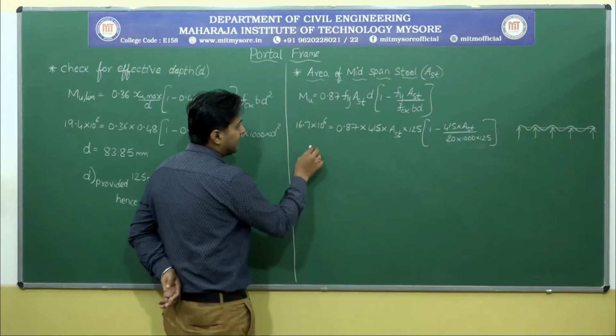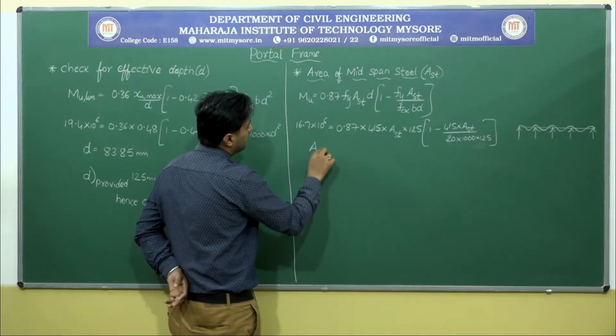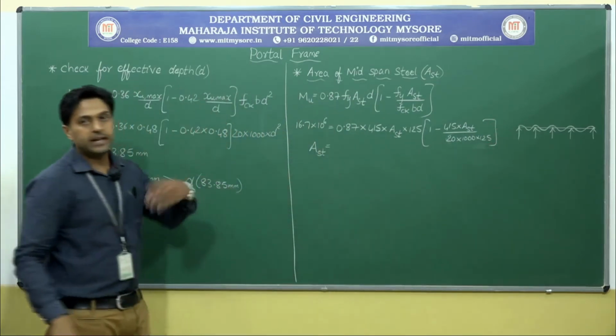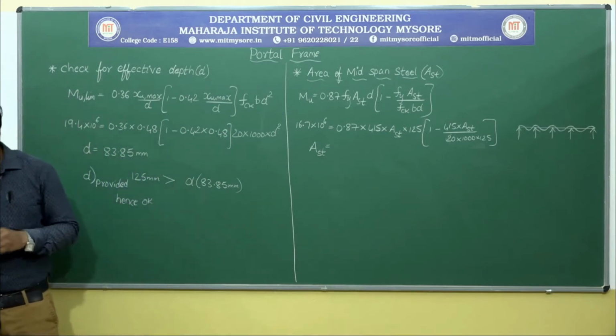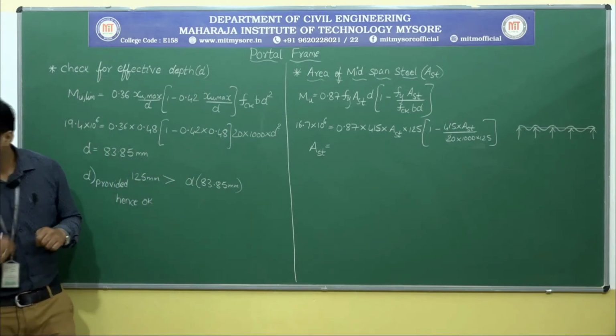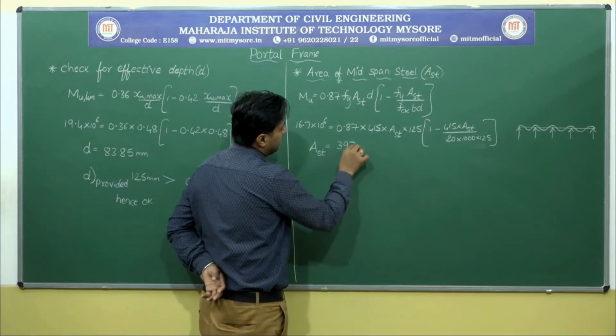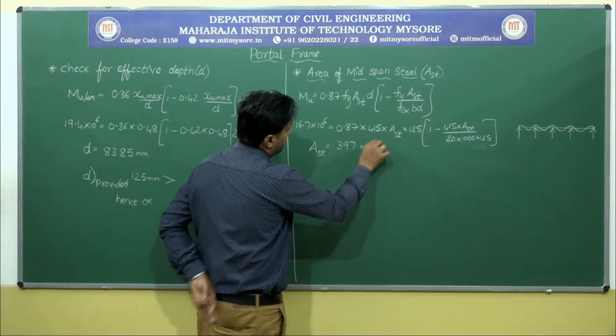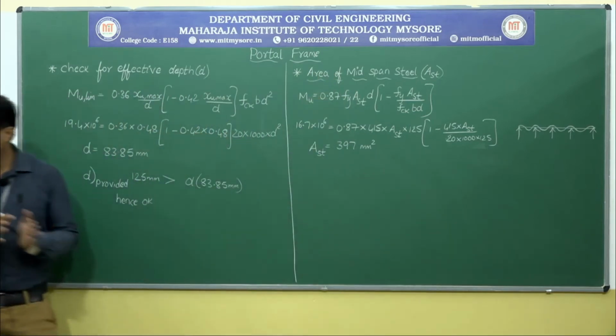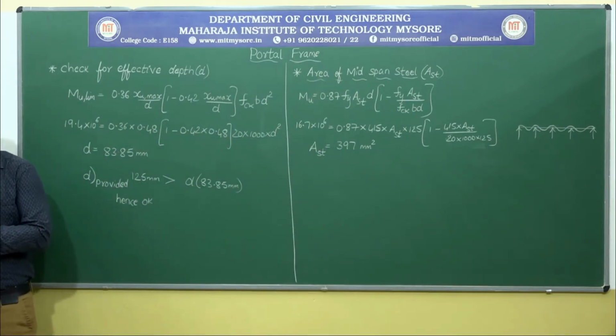Using the calculator, if we solve, the value of Ast that we get is 397 mm square approximately.